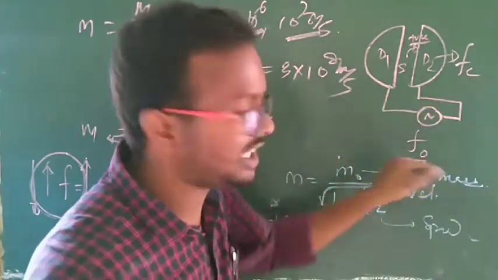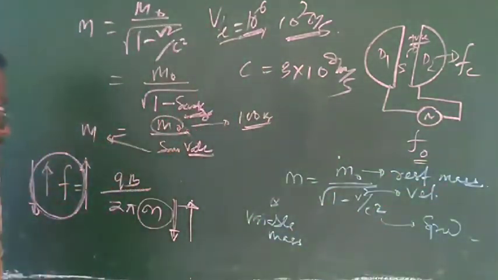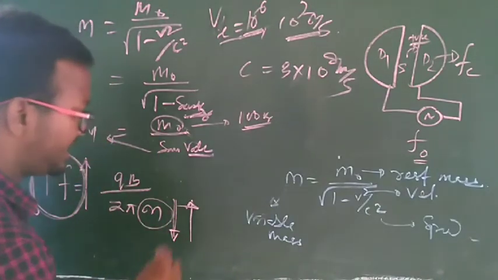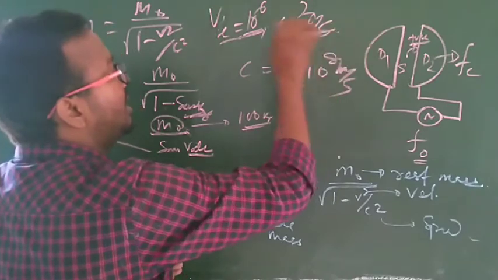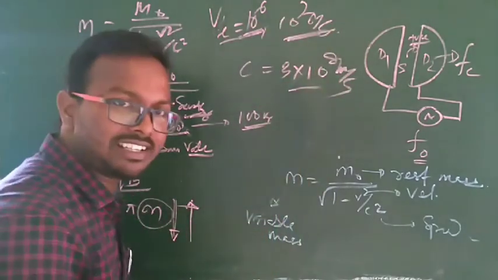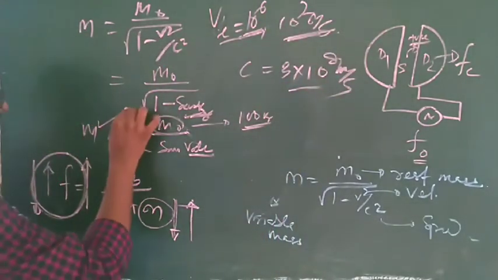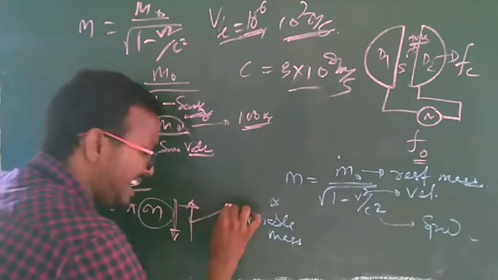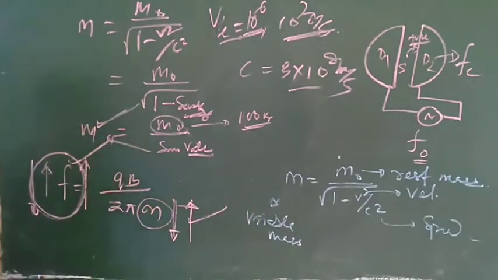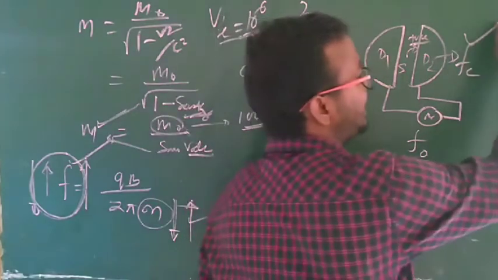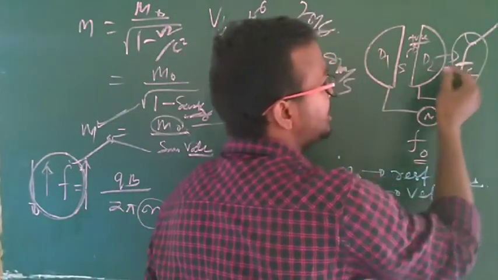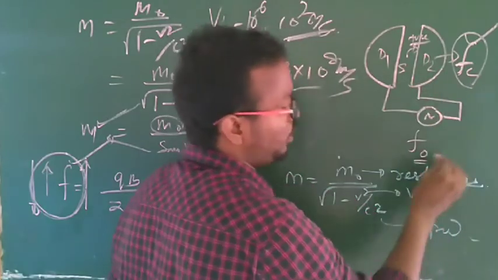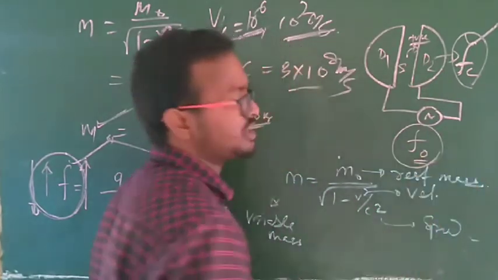So their frequencies are equal. But if we use an electron, its mass changes, because its speed is nearly equal to the speed of light. So the mass of the electron changes. If mass changes, then the frequency of the charged particle changes. If frequency changes, then the charged particle is out of step with the frequency of the oscillator.